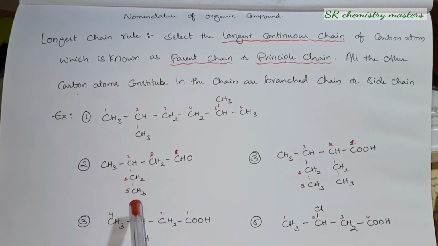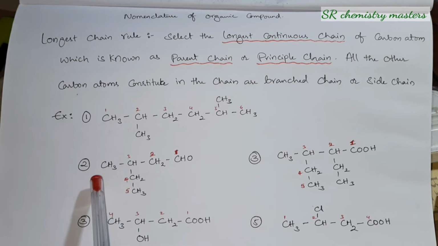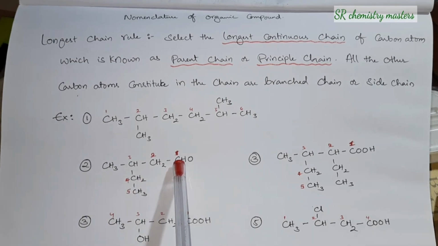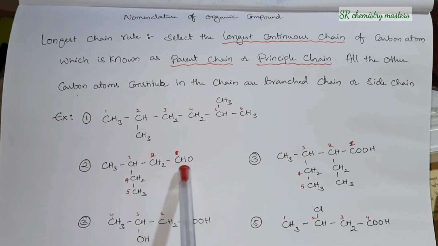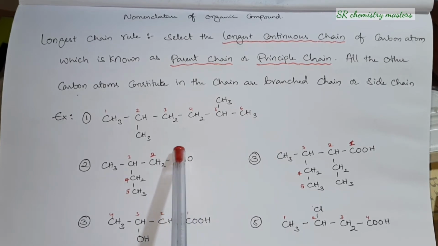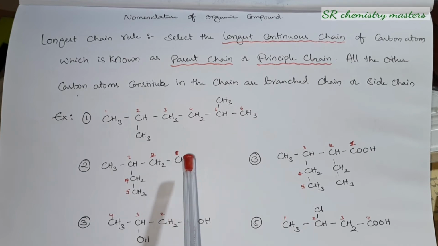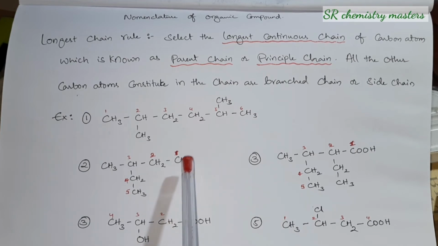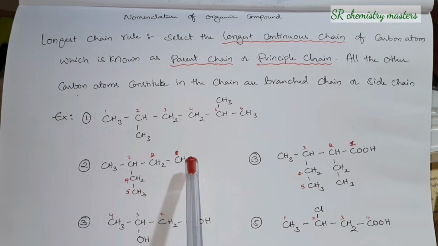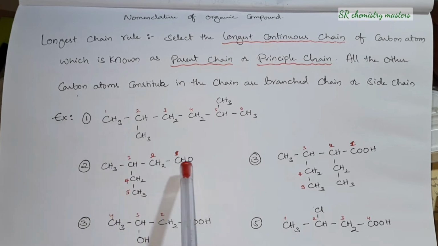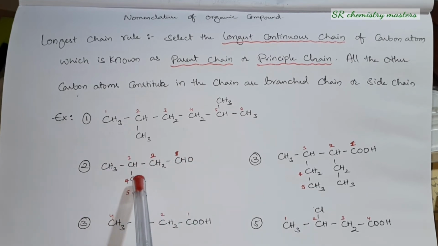Let us take an example of this one. If you start numbering from here 1, 2, 3, 4, always remember that the functional group should be included in the parent chain, and we know the rule that aldehyde should be given the first number. If we start counting from here 1, 2, 3, 4, and you have one more, 1, 2, 3, 4, 5.